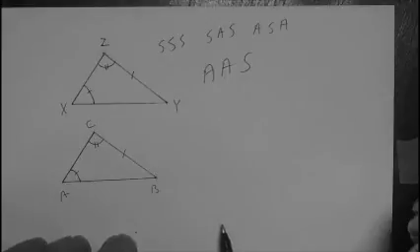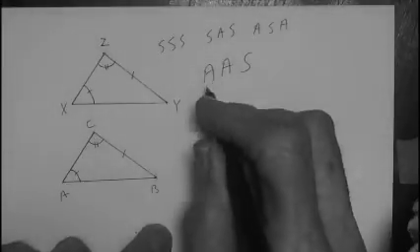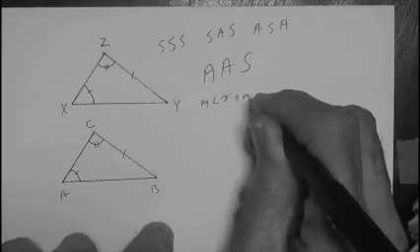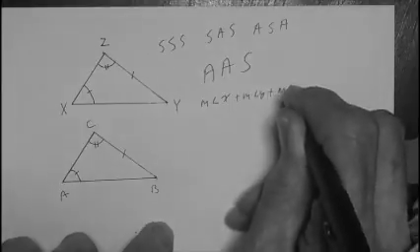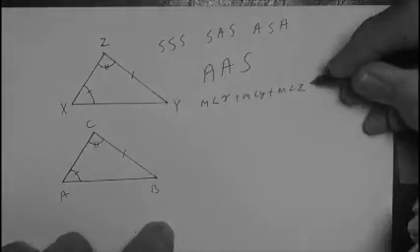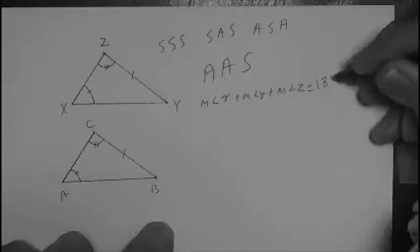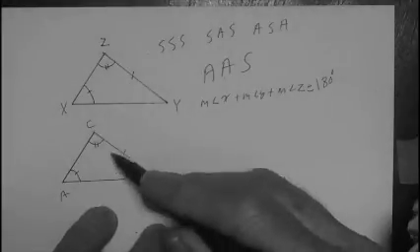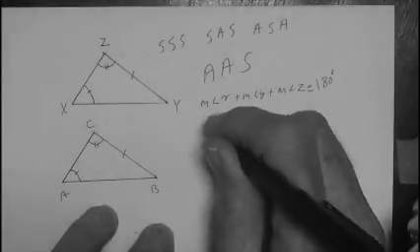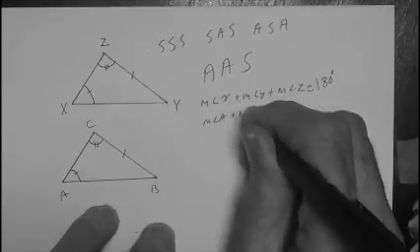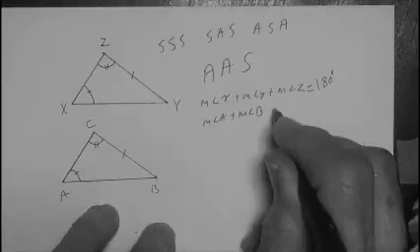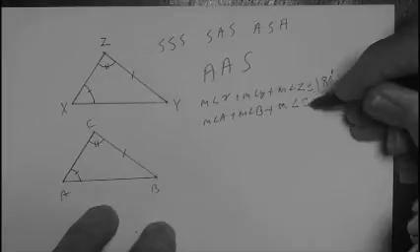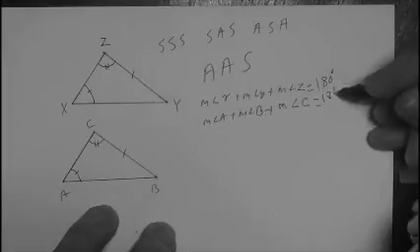We know the three angles of a triangle add up to 180 degrees, so I can say that the measure of angle X plus the measure of angle Y plus the measure of angle Z is equal to 180 degrees. We know that. And likewise, the measure of angle A plus the measure of angle B plus the measure of angle C is also 180.